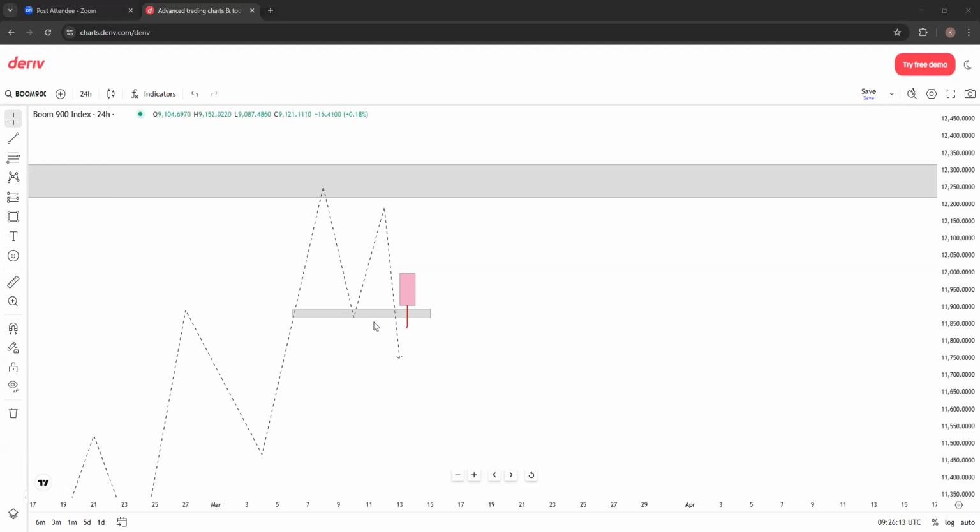This means you haven't broken your change of character zone, or where you are expecting your change of character to happen. This tail means, yes, sellers were there, but they were overpowered by buyers. So you don't take trades in such instances.